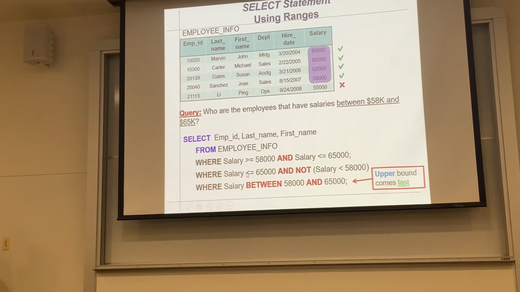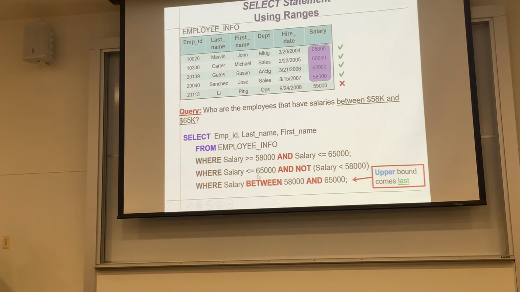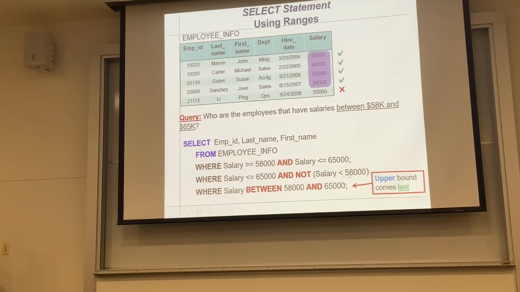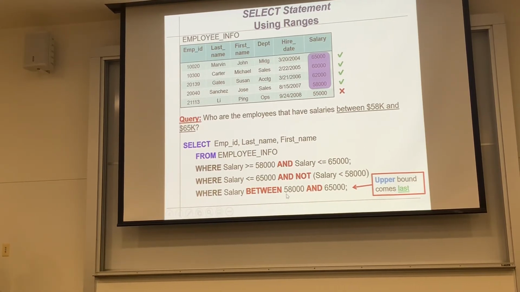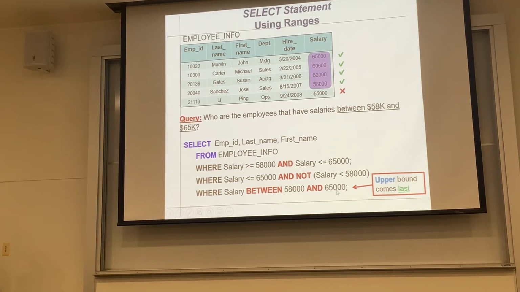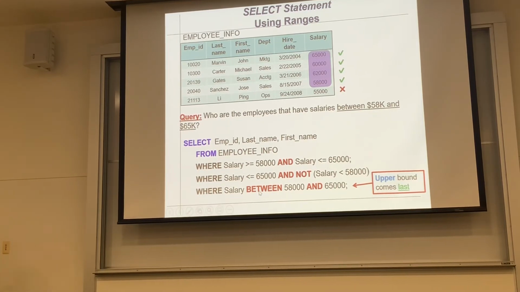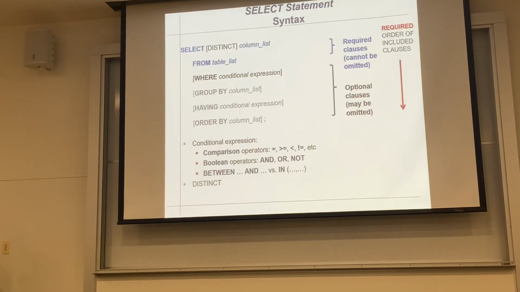Another way, I mean, nobody would ever write it like this, but salary is less than this and not salary less than this, which I wouldn't write that way. The other way you can write it is using this condition called BETWEEN, where the salary is between $58,000 and $65,000. That's a keyword reserved for SQL. It's called BETWEEN. If you go back to the operators that I showed you before, BETWEEN is another one.